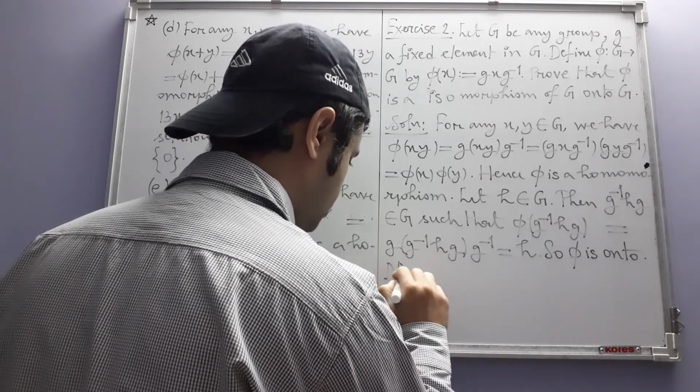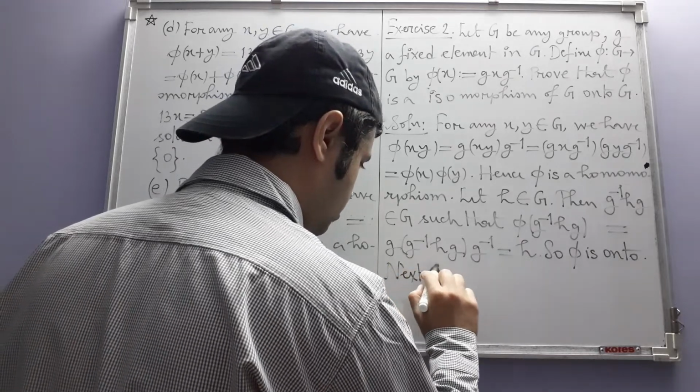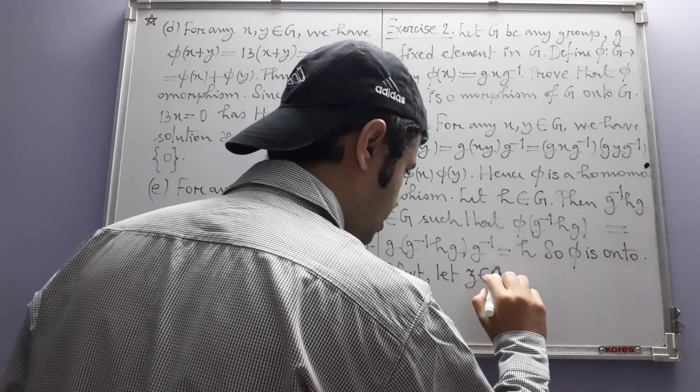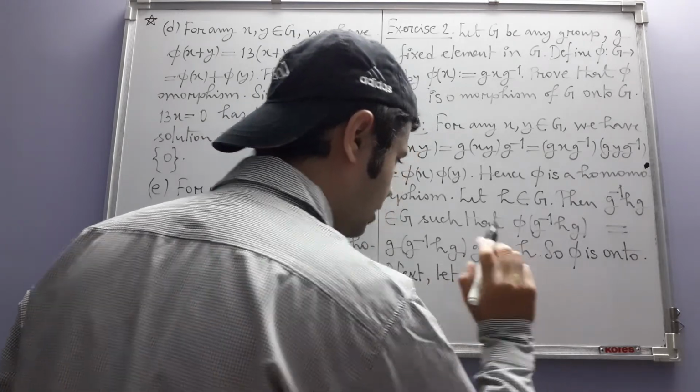Next, let z be any element in the kernel of phi.